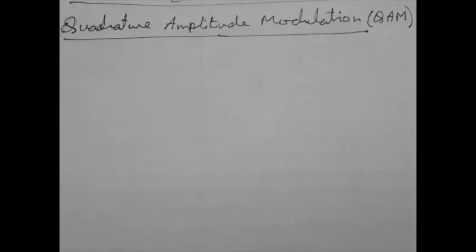Now we are going to discuss quadrature amplitude modulation, QAM, which is also called quadrature carrier multiplexing. The bandwidth requirement of a DSB-SC signal is the same as that of standard AM, that is twice fM Hz. If fM is the bandwidth of the modulating signal, then the bandwidth of DSB-SC is twice fM Hz, just like AM.